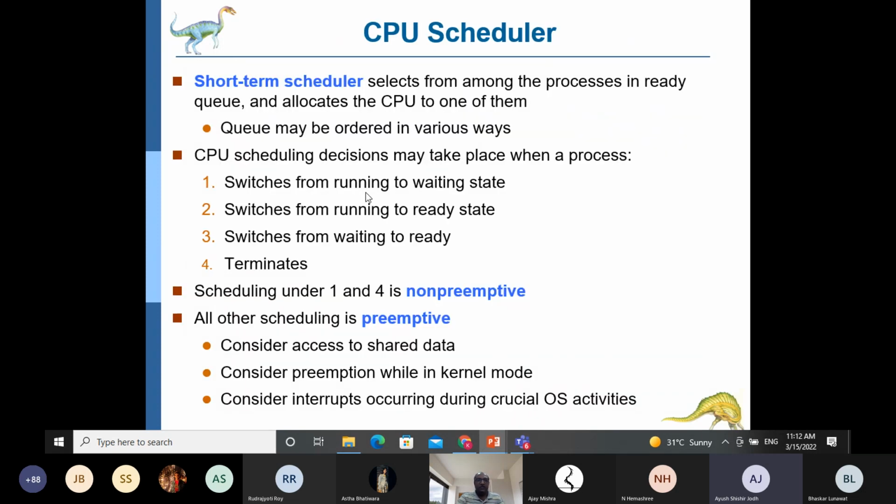Then coming to the CPU scheduler: the CPU is a very important resource in a system.